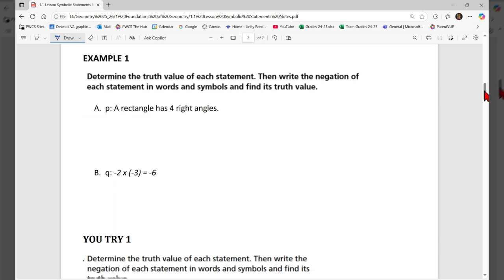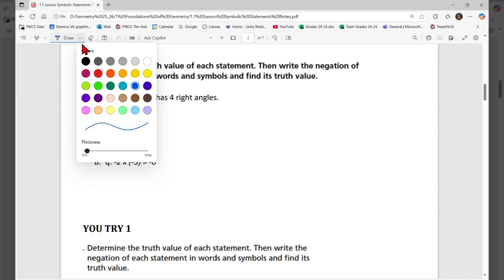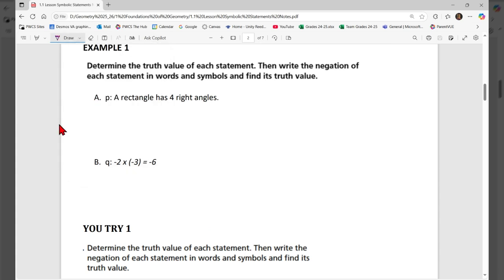And so we're going to start just by writing the negation of a statement and then deciding if it's true. And some of these things are based in geometry, and if you don't know them already, that's okay. I can guide you on whether these things are true and false. This one says a rectangle has four right angles. Well, that is true. A lot of times we give statements the letters P and Q just to represent that statement.